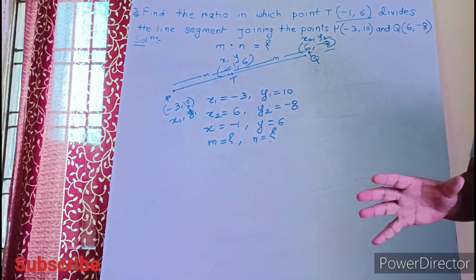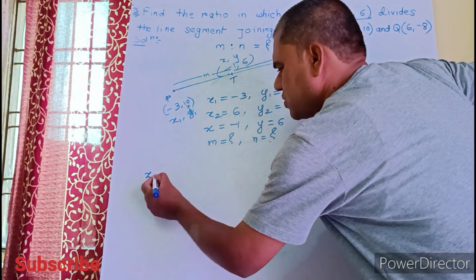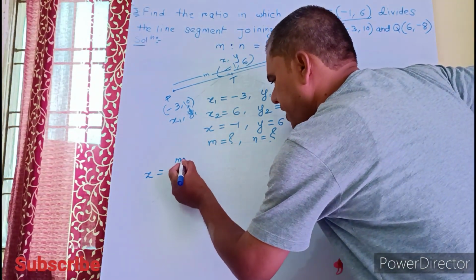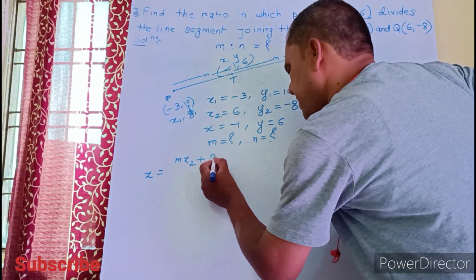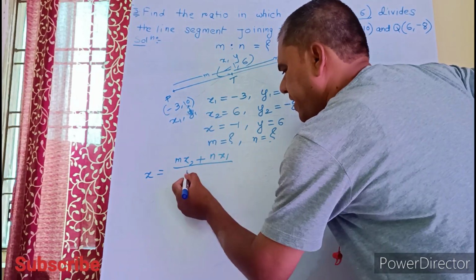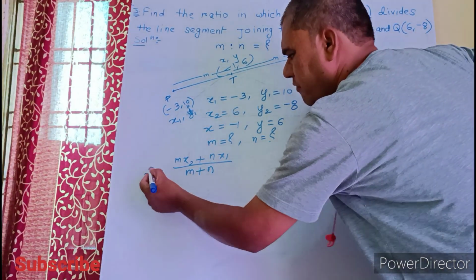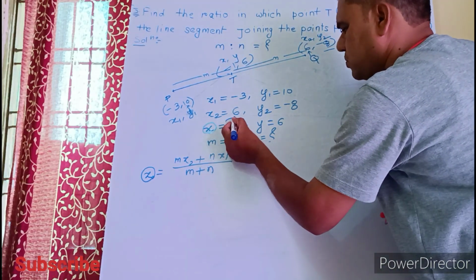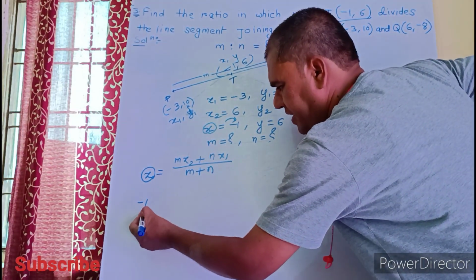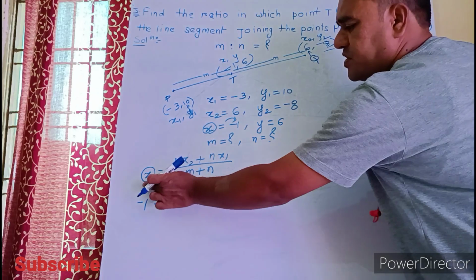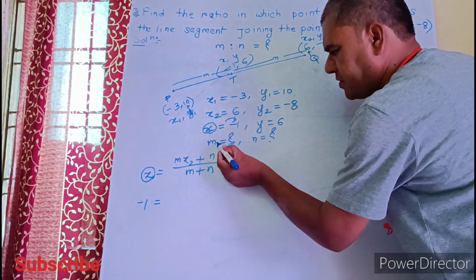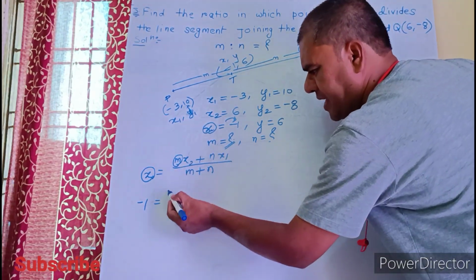Now we know the section formula, that is x equals (m x2 plus n x1) divided by (m plus n). Now put the respective values. The value of x is -1, put -1 instead of x. We don't know the value of m, therefore put m as it is.